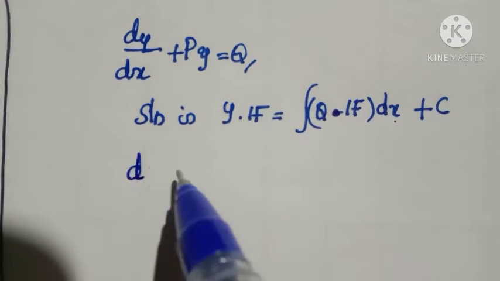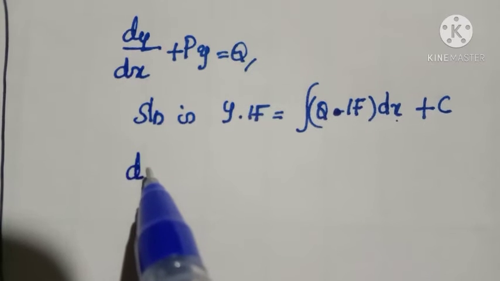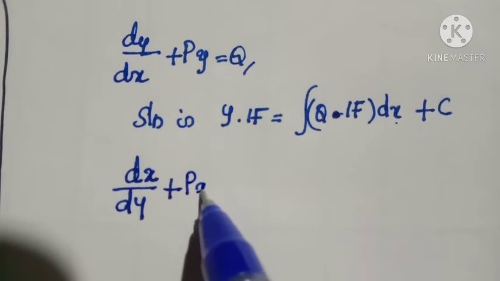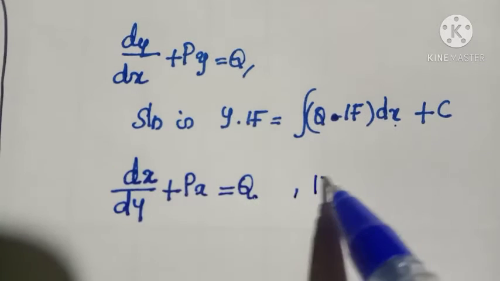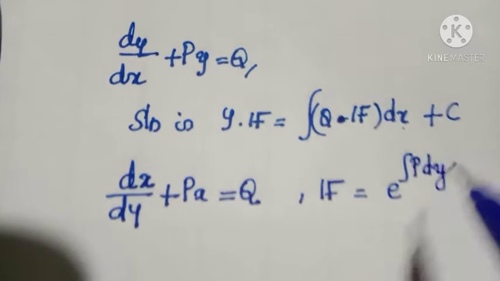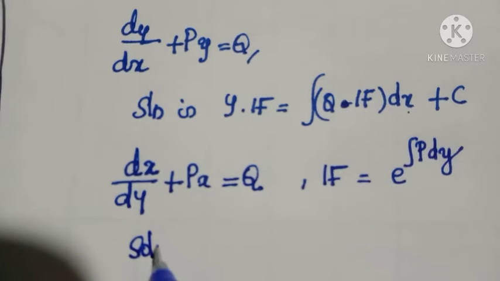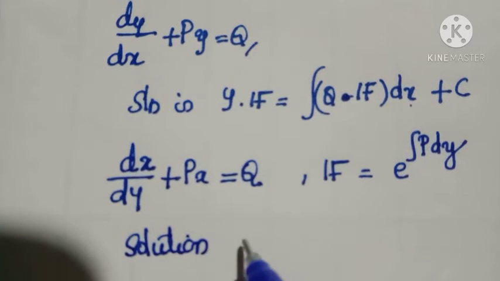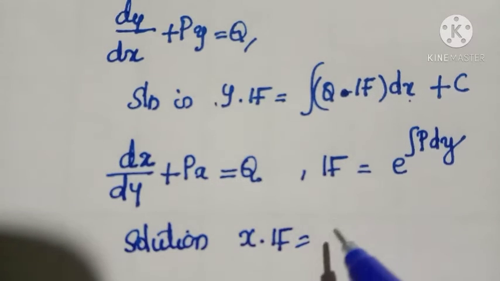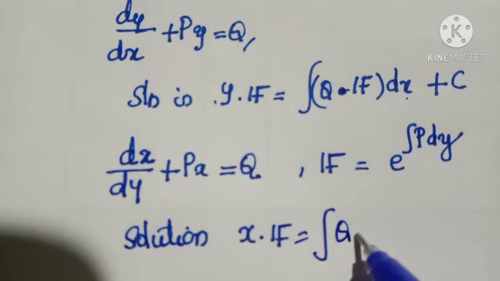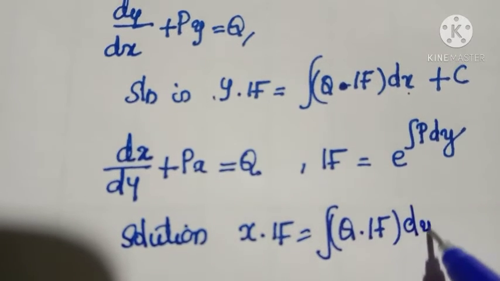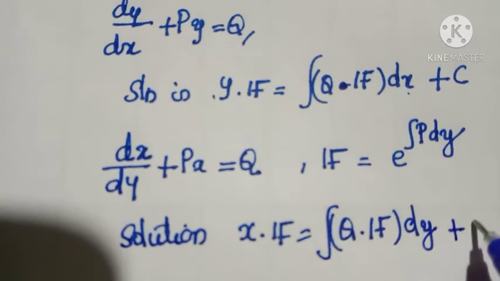If the linear differential equation is in the form dx by dy plus px is equal to q, the integrating factor is e raised to integral p dy. Then the solution is x into integrating factor is equal to integral of q into integrating factor with respect to y, dy plus c.